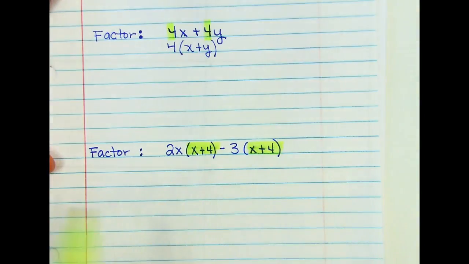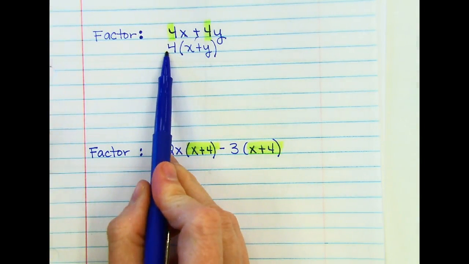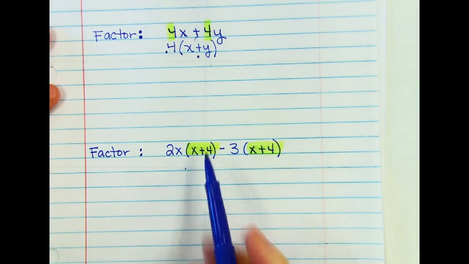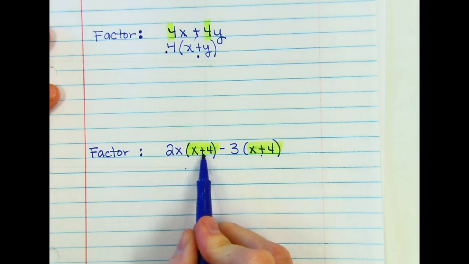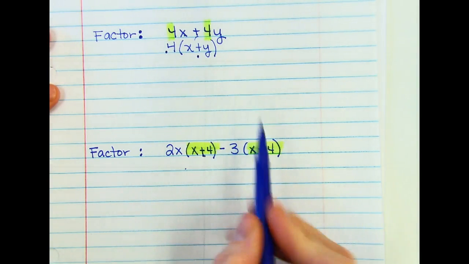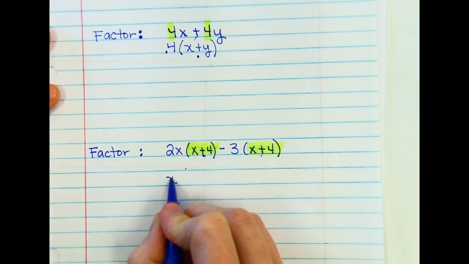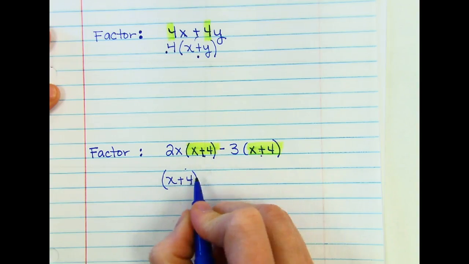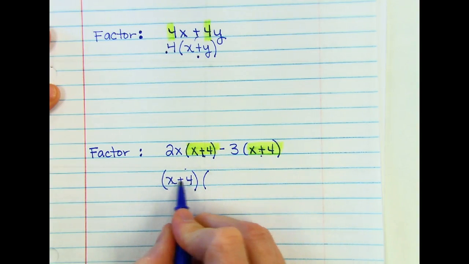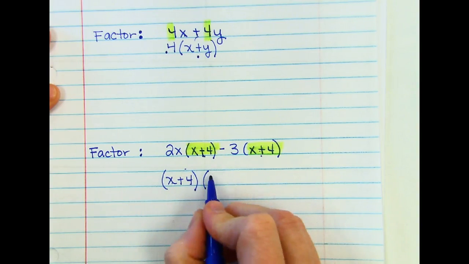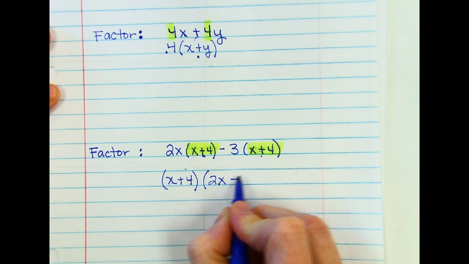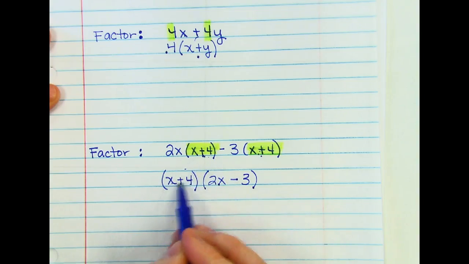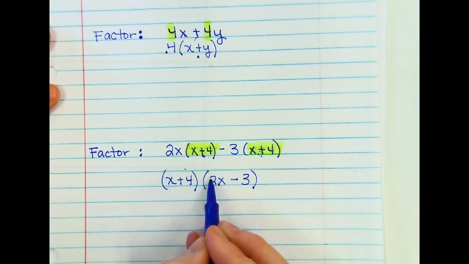So we factored the 4's out front and the leftovers went down. Well, look here. These are in common to both pieces, just like up here. So we can bring these out. They're both in common. And then it would be x plus 4 times what? Well, 2x minus 3.